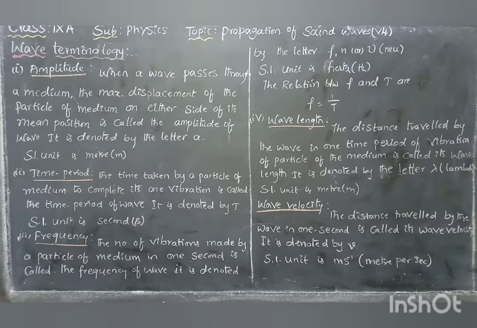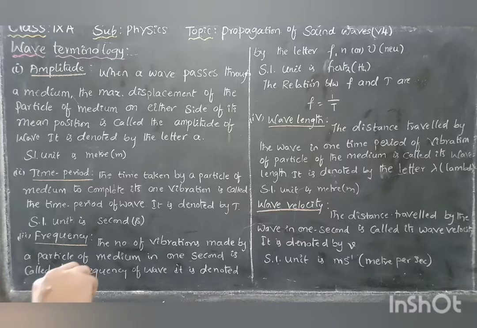Let us take an example: the hour hand, minute hand and second hand in a watch. The second hand takes 60 seconds to complete one rotation, because after 60 seconds it comes back to the same location.